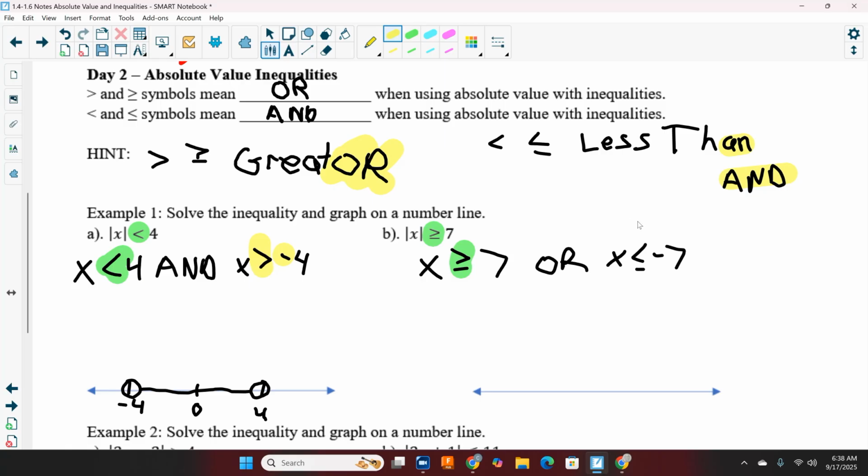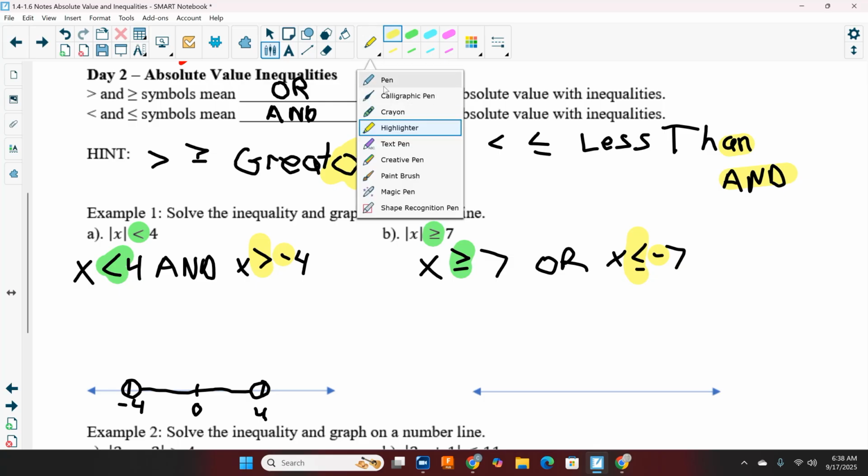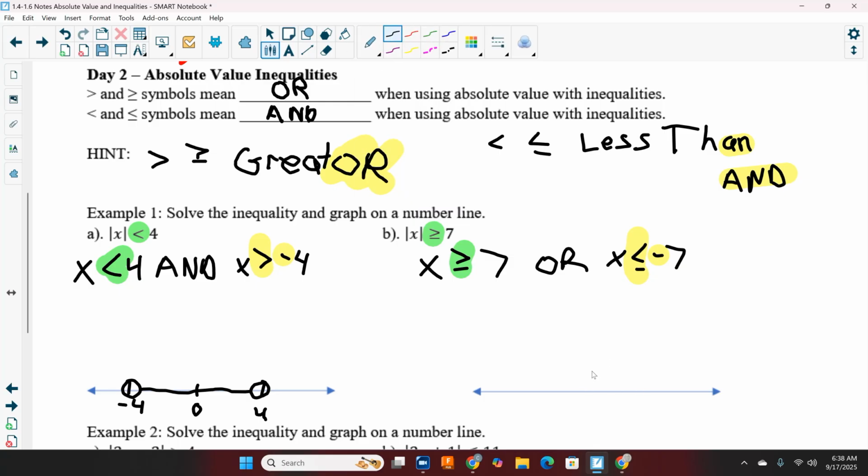The second one, notice we are flipping the sign as well as the number on the other side. Hopefully at this point we realize there's 0, x is greater than or equal to 7, or less than or equal to -7. So that's going to include closed endpoints: for -7 we're shading to the left, and for +7 we're shading to the right.